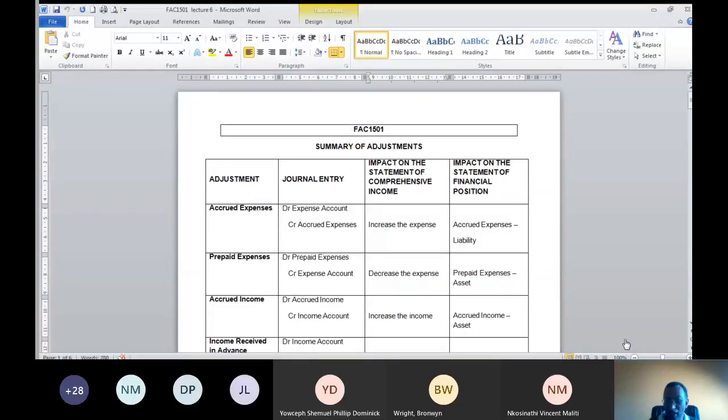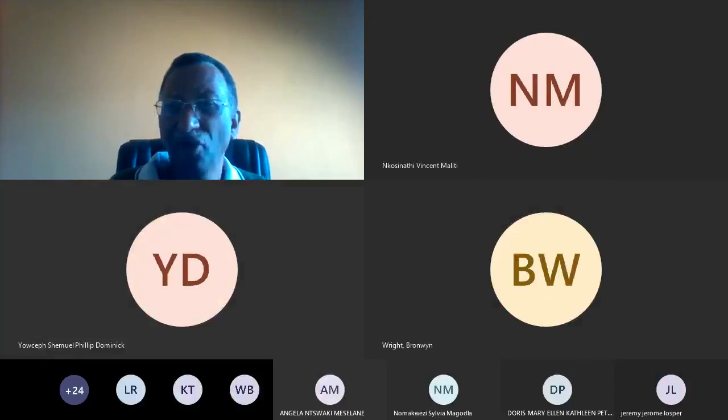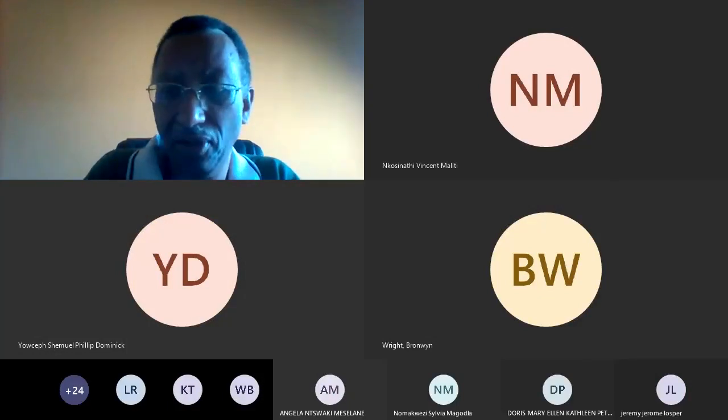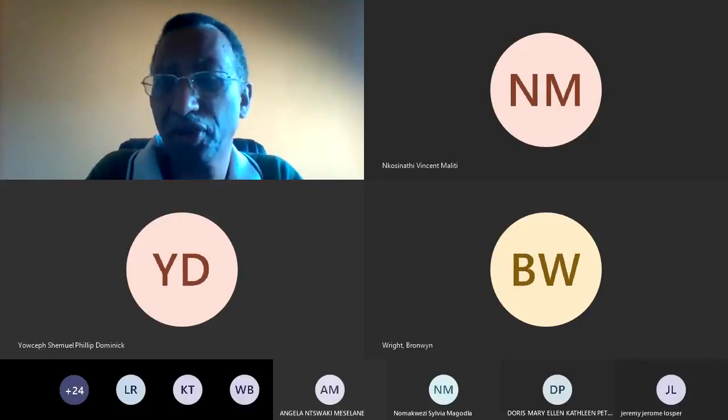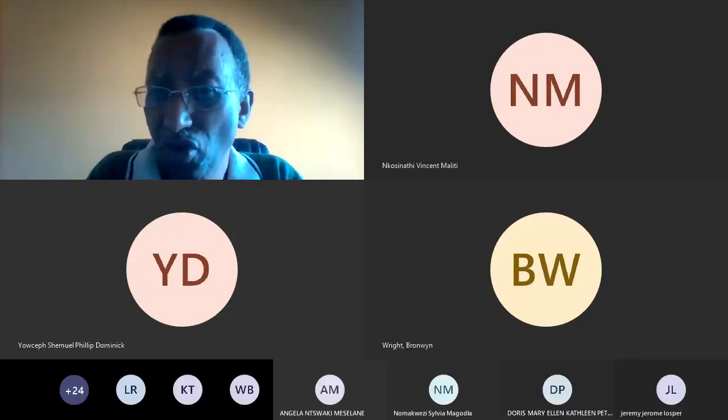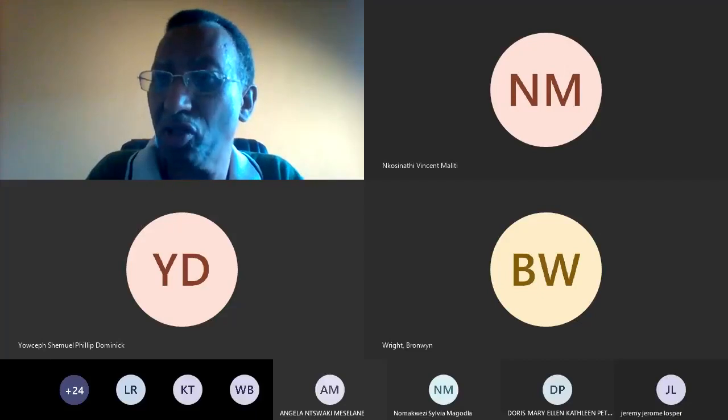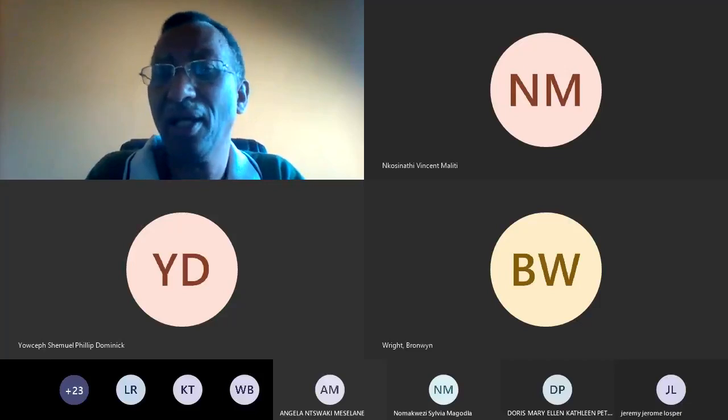But if your adjustment tells you that there's 2,000 Rand of telephone that you didn't pay as yet, that 2,000 Rand is called accrued expenses. So in your trial balance will be 20,000 Rand, your accrued expenses will be 2,000 Rand, so your total expense for the year will then be the 20,000 Rand that you have paid, plus another 2,000 that you are still owing. So your expense is actually 22,000 Rand.